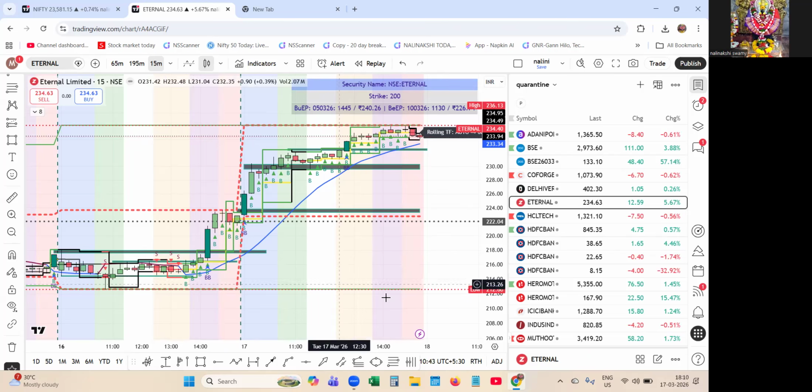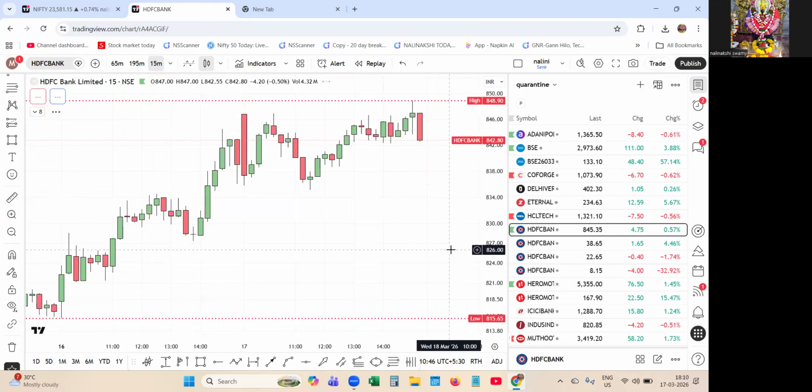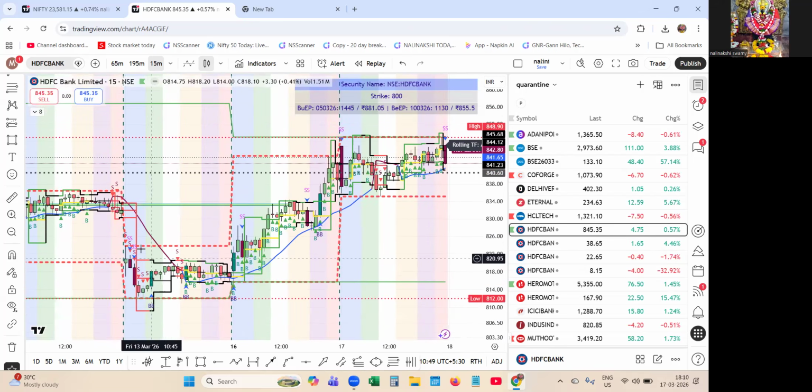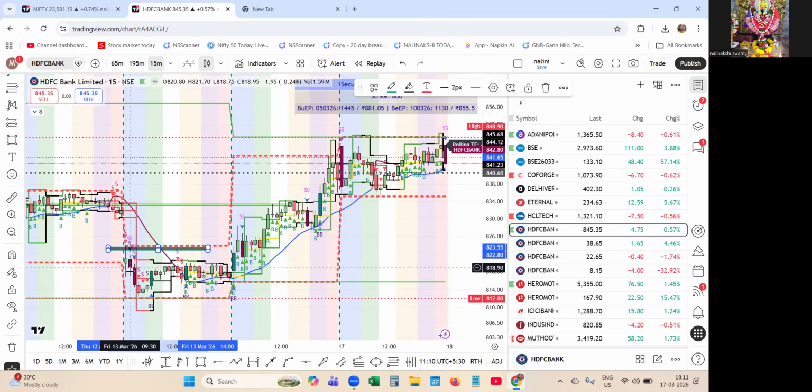Like that, yesterday I traded HDFC Bank, by noticing from the previous day, on the 13th itself, Friday itself, I was of the bias that this HDFC Bank, I had quarantined this HDFC Bank and kept it in my watch list. See, same procedure. 1, 2, 3.